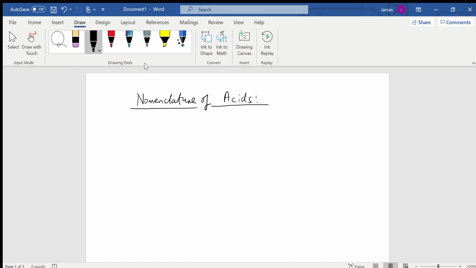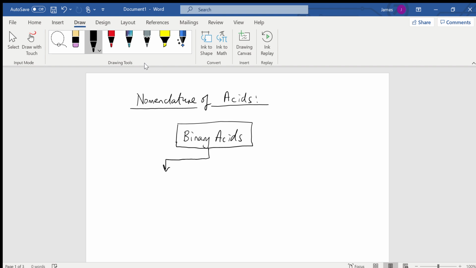Let's look at binary acids. If you have a binary acid, and as you can see, binary means two, we're looking at essentially two elements, one of which has to be hydrogen.